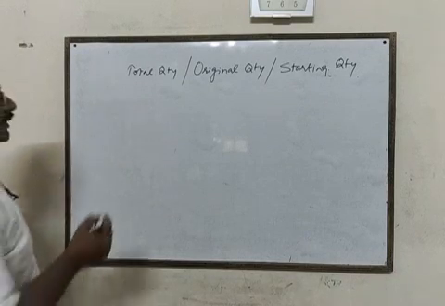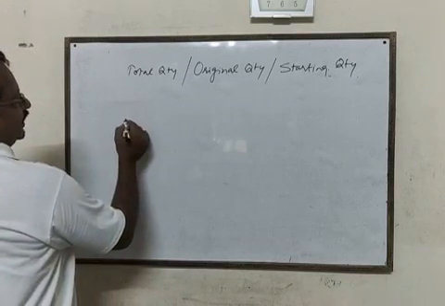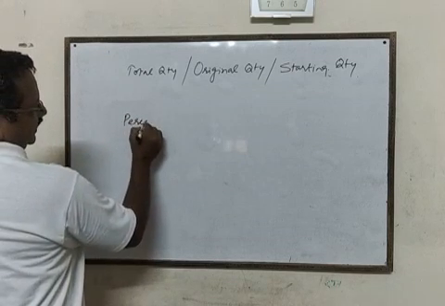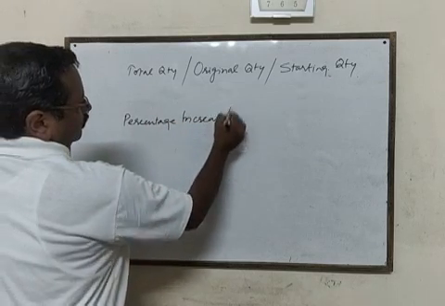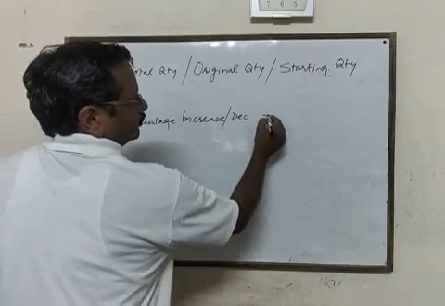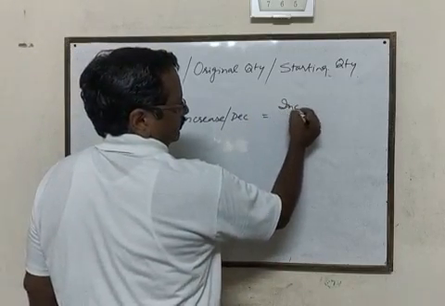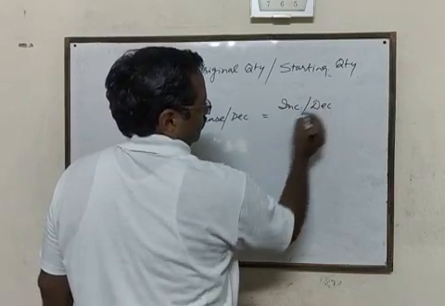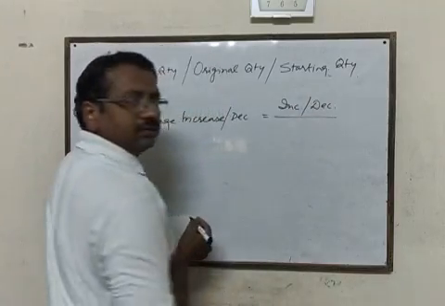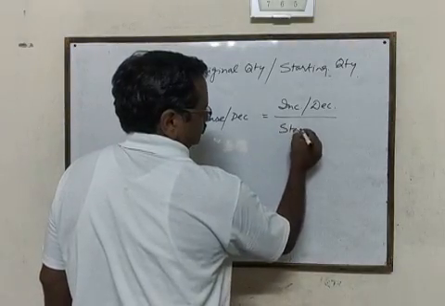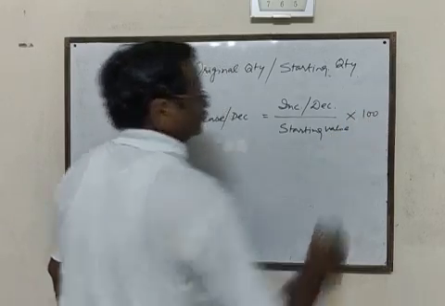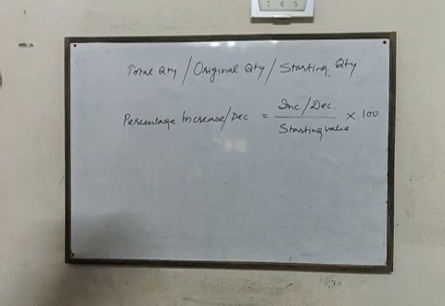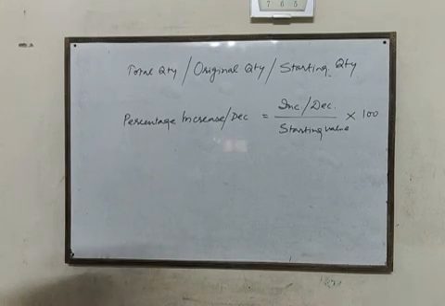And that is why we have made the rule to calculate percentage increase or decrease. So we will write increase or decrease in the numerator upon starting value into 100. So this is the rule to calculate percentage increase or decrease.